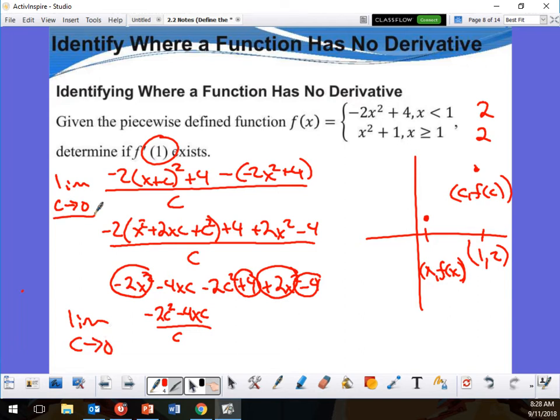All right, factor out the c. So c, then I'm left with negative 2c minus 4x over c. I can cancel out that c, and now I can take the limit, right? So if I take the limit as that approaches 0, I get negative 4x.